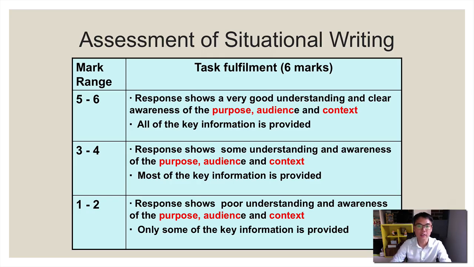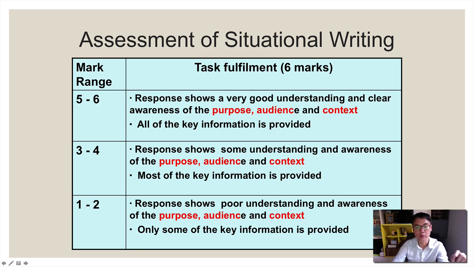Now, very quickly, your situational writing will be judged according to your task fulfillment as well as your language. What task fulfillment simply means is whether you are aware of the purpose, audience, and context of the email you're writing. So your response must show a very good understanding and clear awareness of the purpose, audience, and context with all of the key information provided in your email.